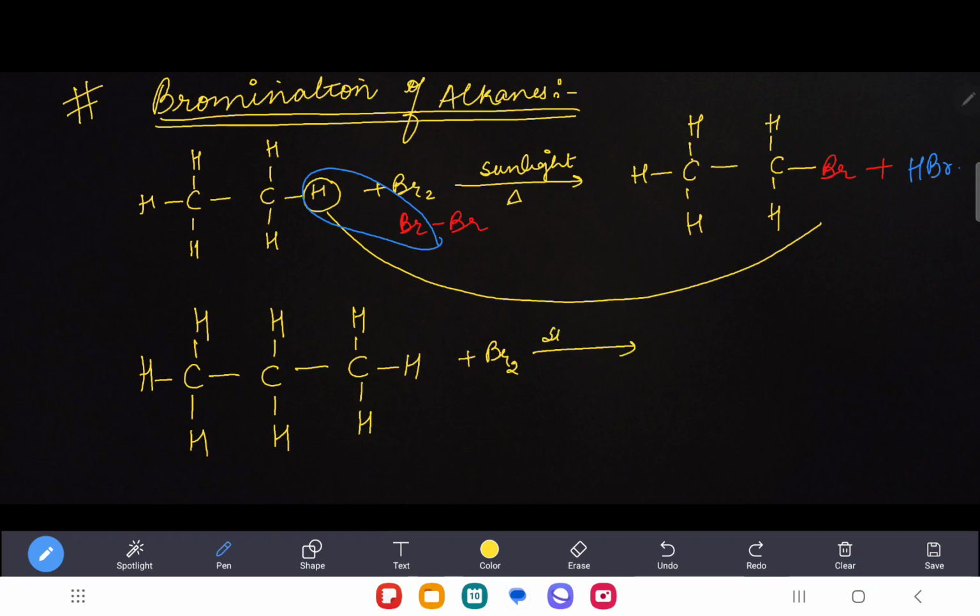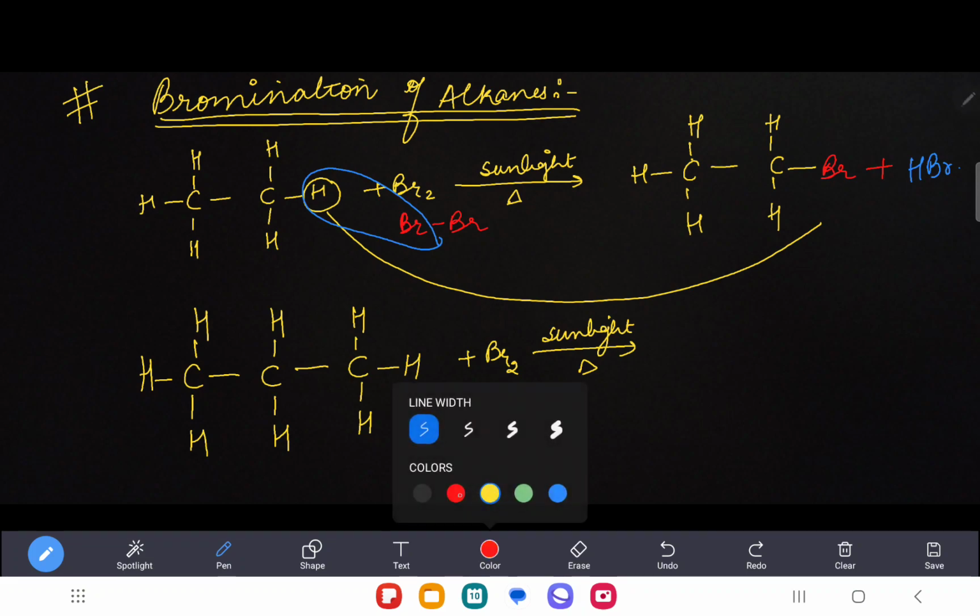The conditions you impose are the same, sunlight and heat. These are all the chemical properties of alkanes. You can combust an alkane, you can do the bromination of alkane, the chlorination of alkane, the sulfonation of alkane, the nitration of alkane. Now here you understand.